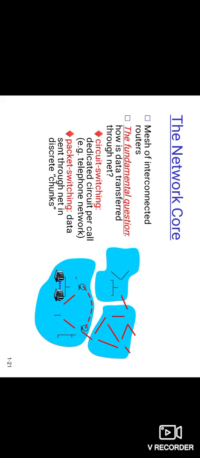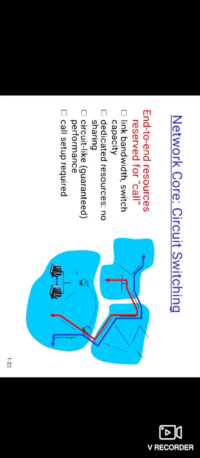But in the case of packet switching, there is no such reservation. In circuit switching, the entire bandwidth of the network, the resources, all the circuits, are dedicated for that particular conversation.